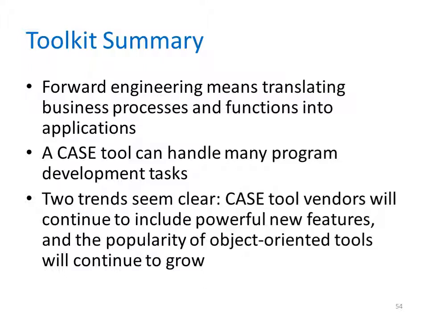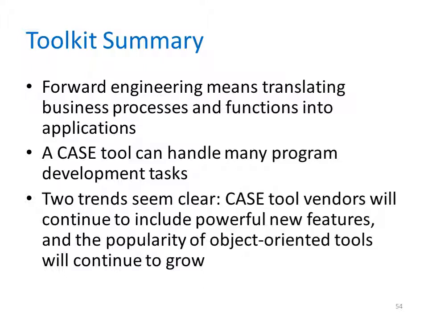The main source of documentation, as we indicated, is the repository, which identifies new elements and adds them to the database. Now, forward engineering means translating business processes and functions into applications. Reverse engineering lets you examine an existing application, break it down into a series of diagrams, structure charts, and in some cases, source code. Two trends seem clear for the future.